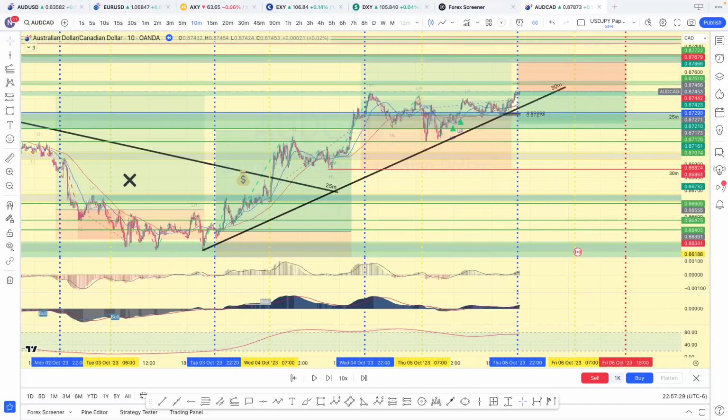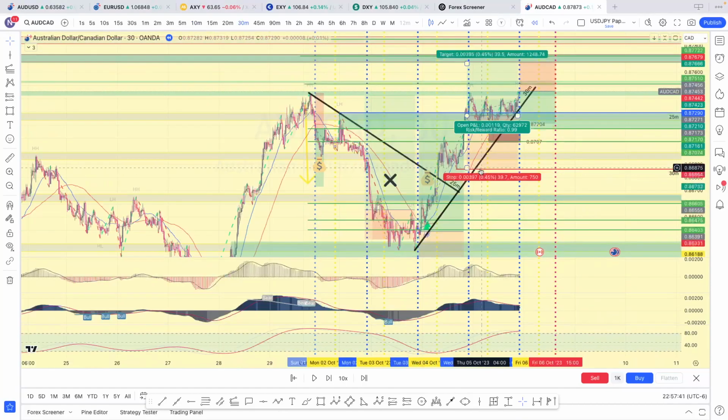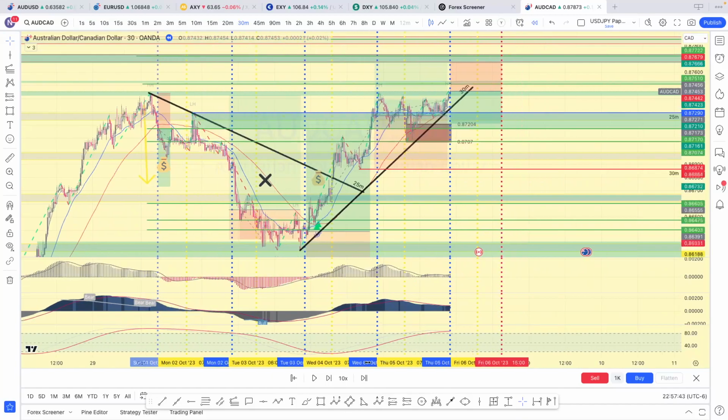Okay, so my final trade for my backtest, and this is a 30-minute trend here. Let me just go to the right time frame. All right, and so I've got low volume.